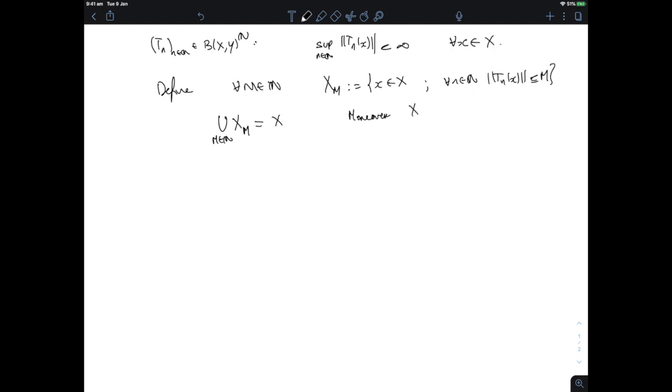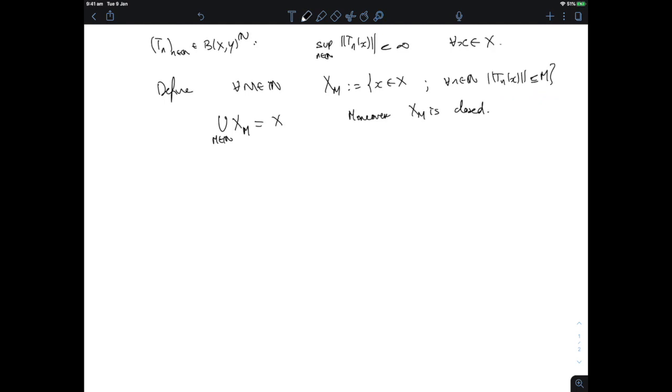Moreover, if you take a sequence x_j such that the supremum of the norm of T_n of x_j is smaller than M and x_j has a limit, then the limit will satisfy the same bound.